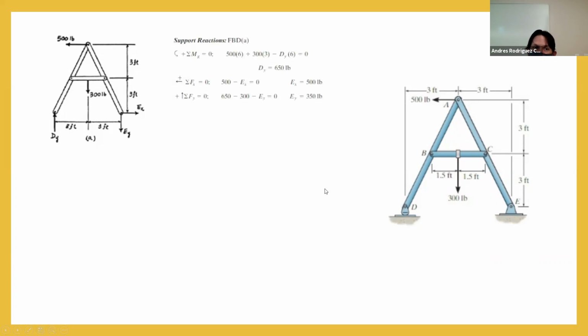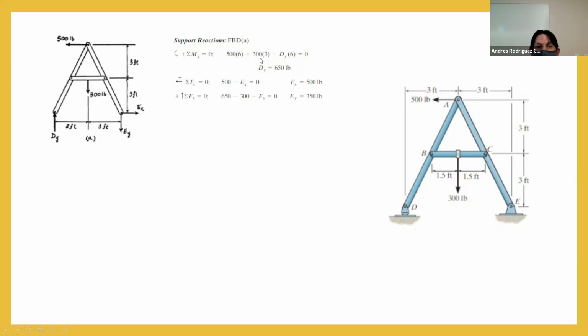So first we have to do moment on E. This is not G, this is E, sorry, it's a typo. And we are going to have a force here equals to 500 pounds. We are going to have a force here equals to 300 pounds. And we are going to have the reaction here that is going to be an unknown value multiplied by the distance.